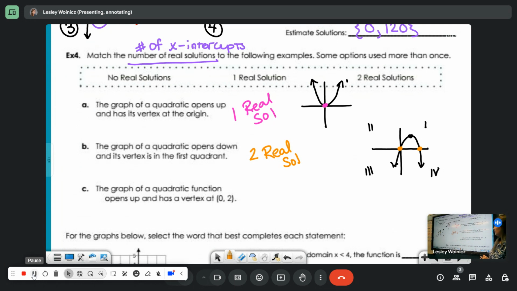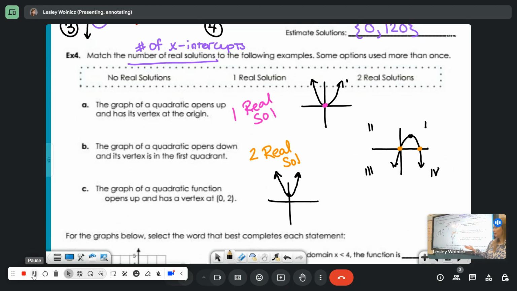Graph opens up and has a vertex at 0, 2. Let me get my sketch. 0, 2, is that up or right from the origin? Up from the origin. And it opens up like a cup. Is that graph ever going to touch the x-axis?